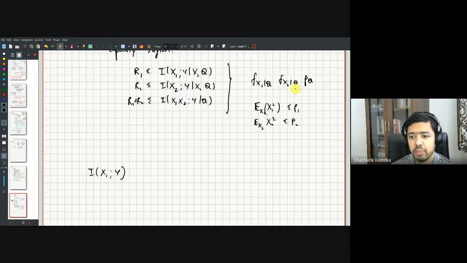So can someone give me an example of a distribution which satisfies these two constraints? What is the most natural thing that you would think of?